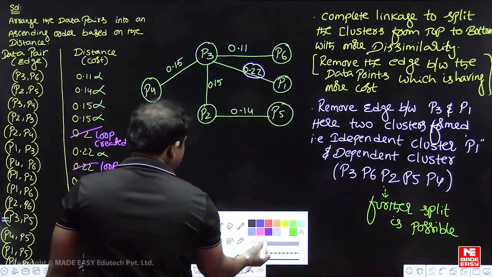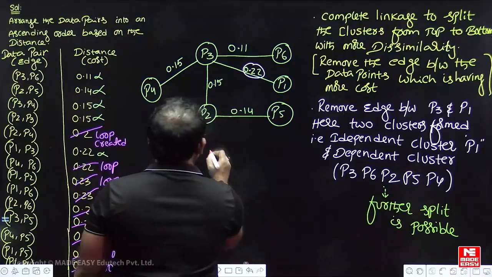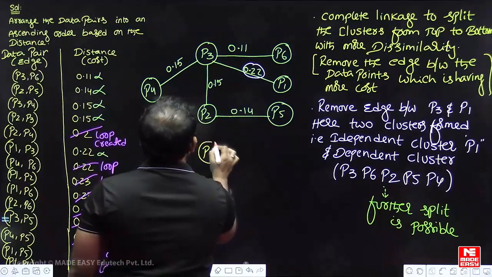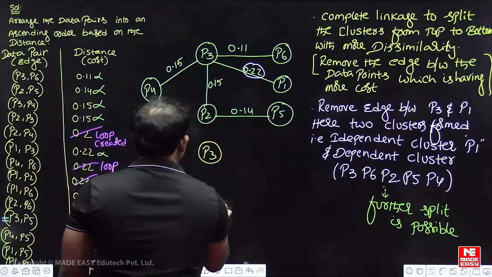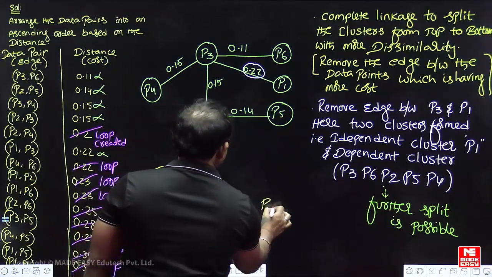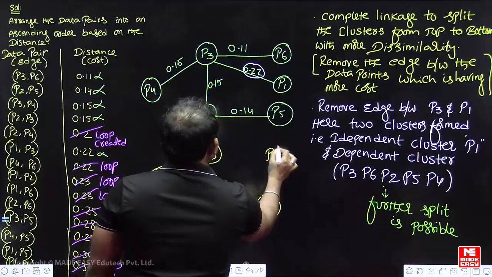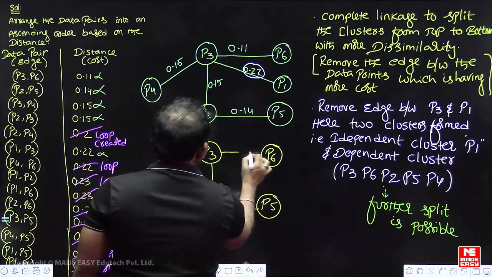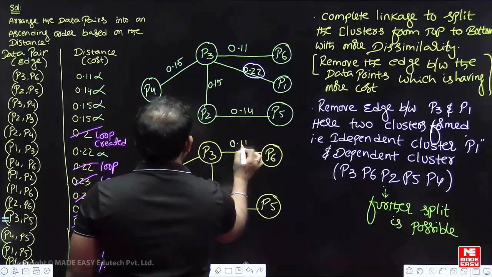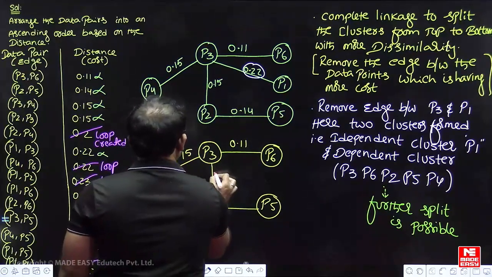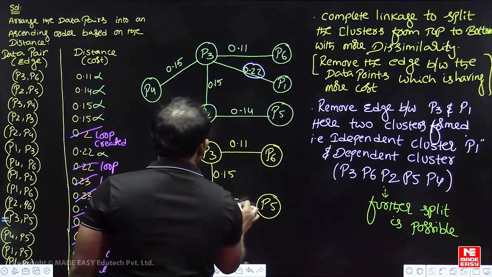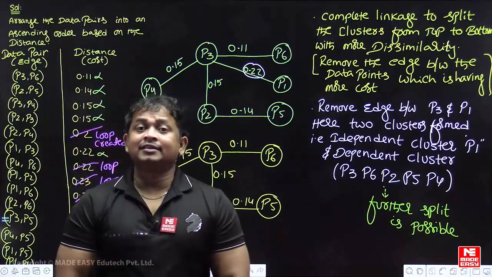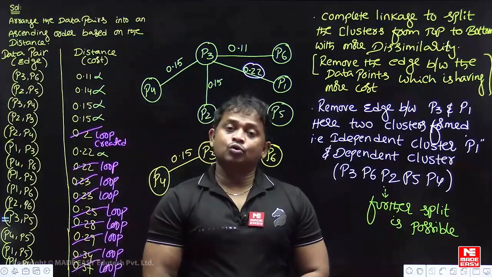So what is this meaning? Now our graph is looking like this. If I remove that P1, then P3, P4, P2, P5 and P6 is formed, with costs 0.11, 0.15, 0.15 and 0.14. Now again take the edge which is having more cost.